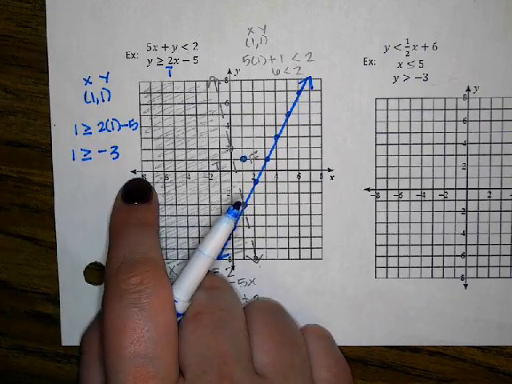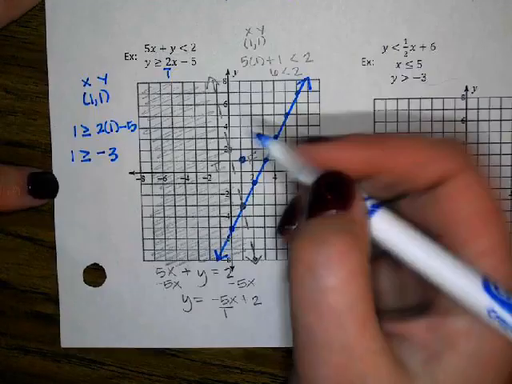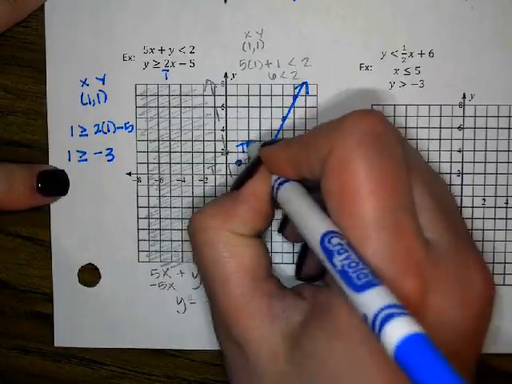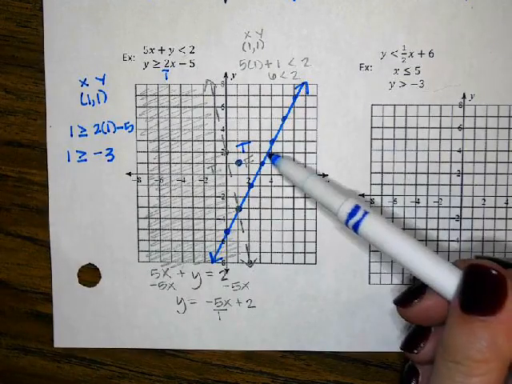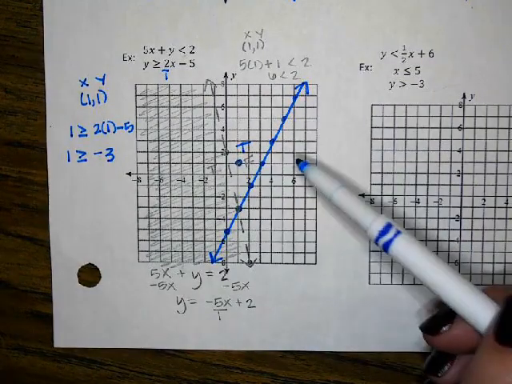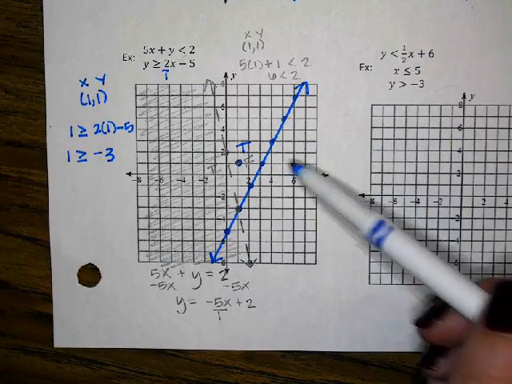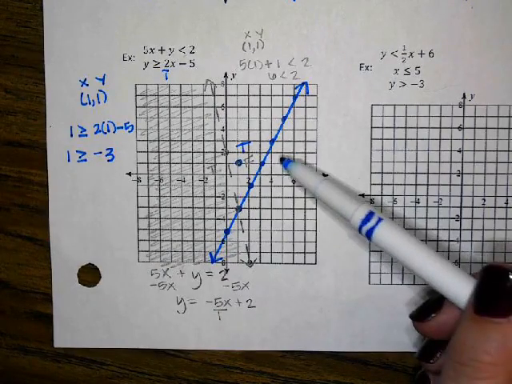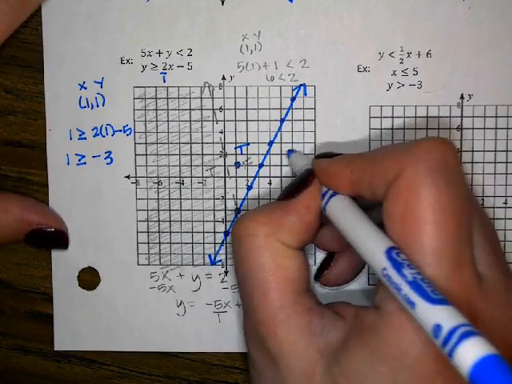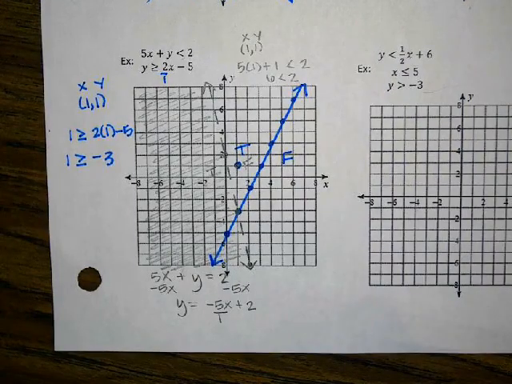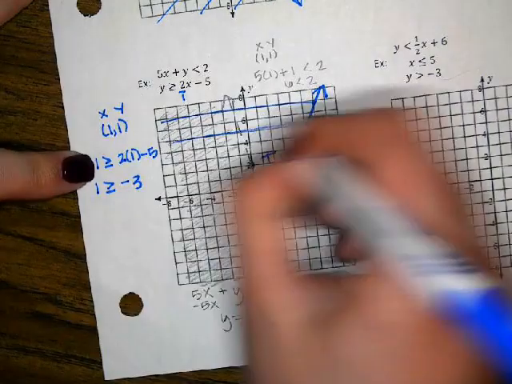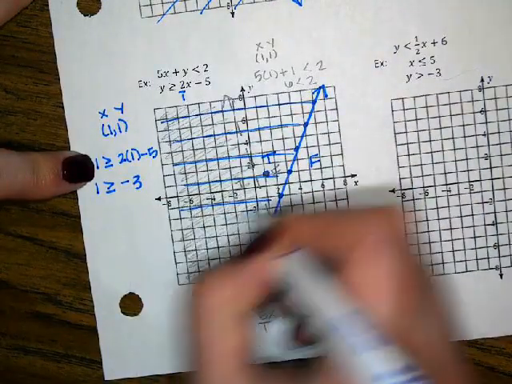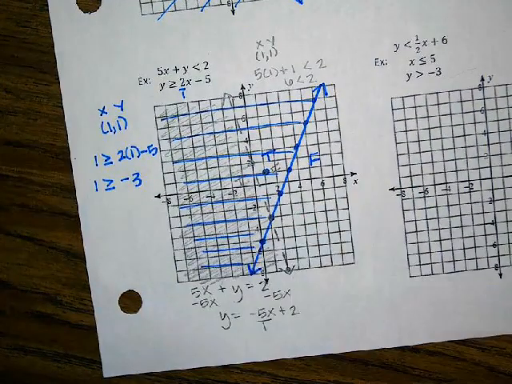So I'm thinking of the left side of the blue line and the right side of the blue line. So if this side is true, then this side over here is false. And then where should I shade? True side. So our double shade is pretty big this time.